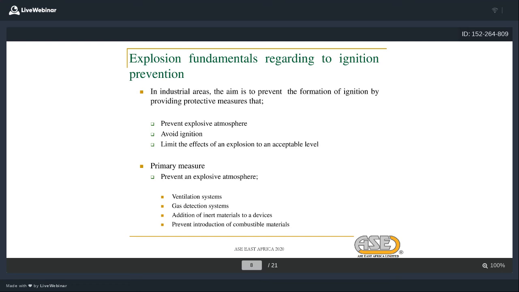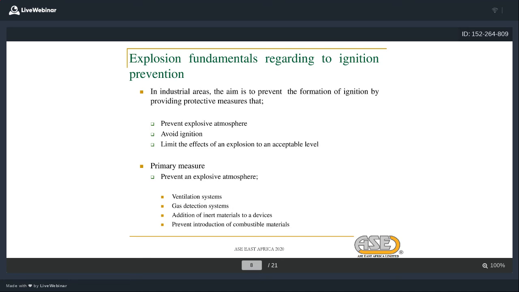So we have the primary measure to prevent an explosive atmosphere. How? Ventilation systems. We use ventilation to neutralize, remove, or decrease the explosive atmosphere.